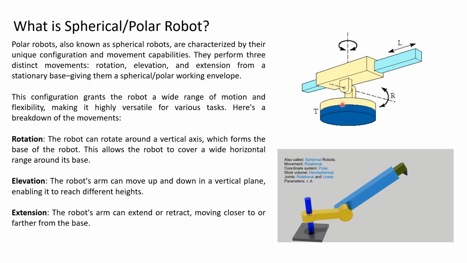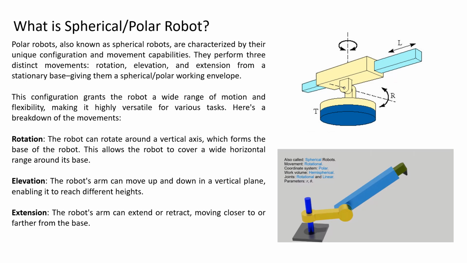So twisting, so it can rotate. Then elevation, the robot's arm can move up and down in a vertical plane, enabling it to reach different heights. So it can move up and down. And then the extension, the robot's arm can extend and retract, moving closer to or further from the base.